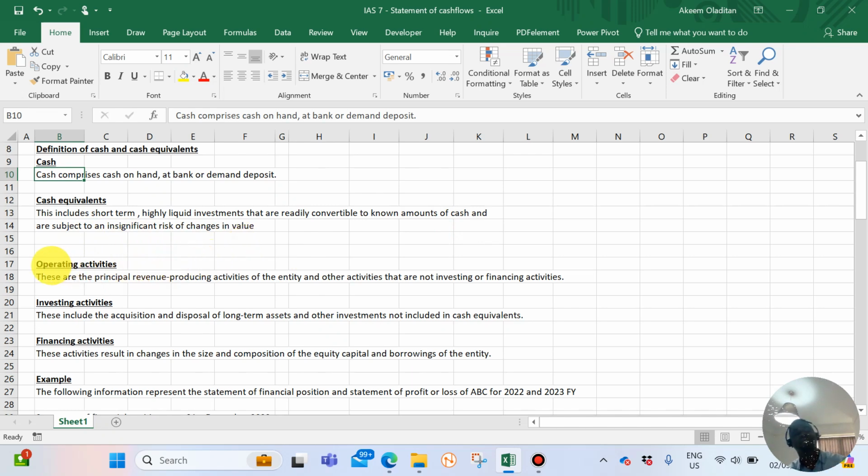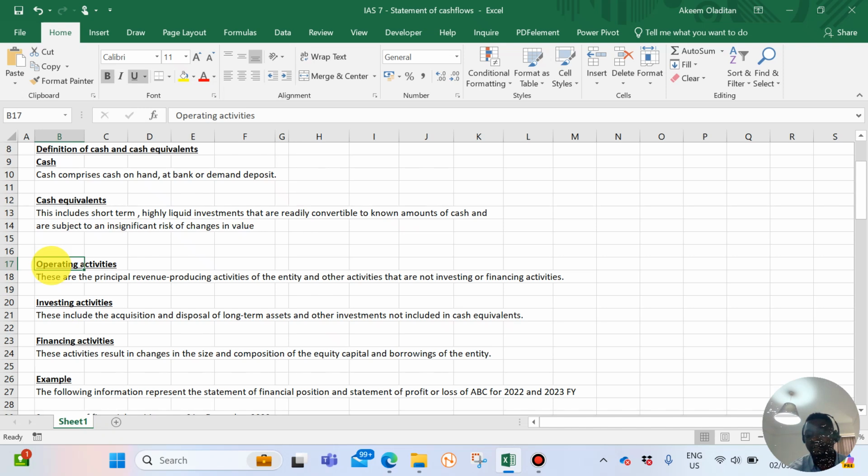So let me now talk about those three aspects that the standard wants us to use to prepare our cash flow statement. The operating activities, like I mentioned earlier, are the short-term principal revenue producing activities of an entity.